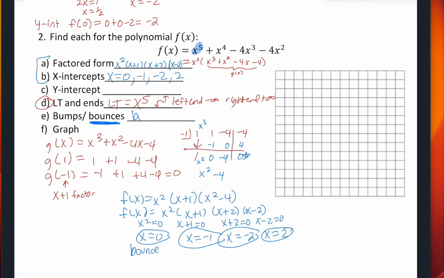So you can say there's a bounce when x equals 0. So bounces kind of go with your x-intercepts, and if you have any even powers on a particular factor, that's going to be where your bounce is.